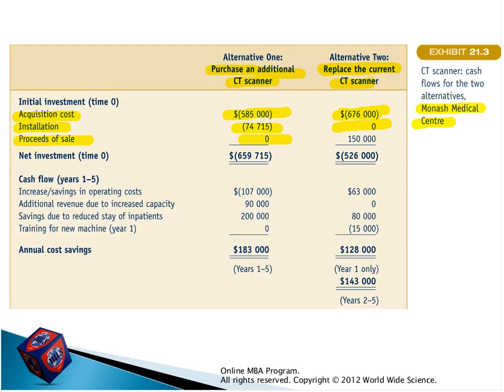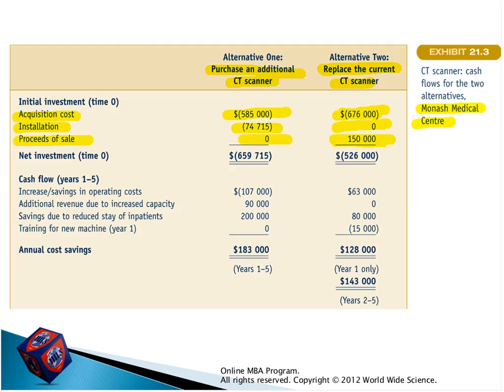In the second project, the price of sale, which is the residual value of the old CT scanner, is equal to 150,000. As we are going to replace the current CT scanner with the new one, the old one must be sold, and the medical center is going to sell it for 150,000. So that brings some profits to the medical center, right?